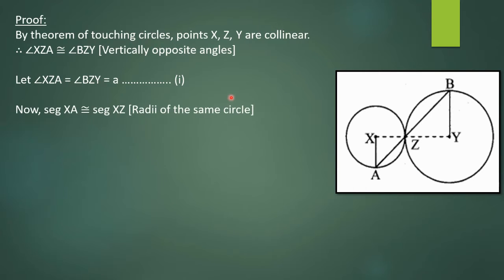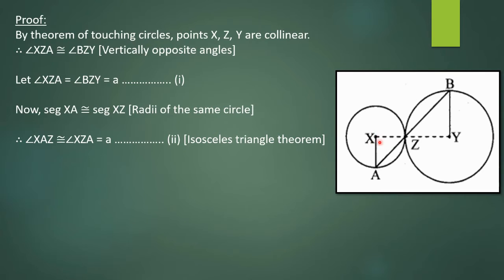Now, if you look in the figure, segment XA will be congruent to segment XZ as they are the radii of the same circle. And angle XAZ will be equal to angle XZA, that is, angles opposite to congruent sides will be congruent.